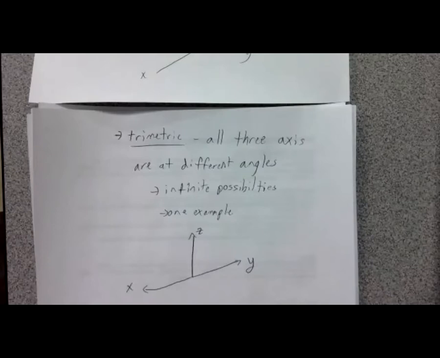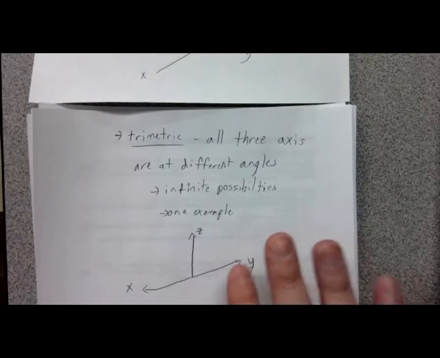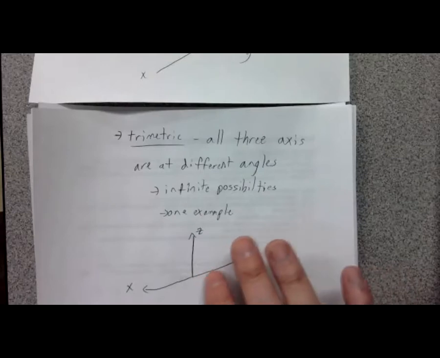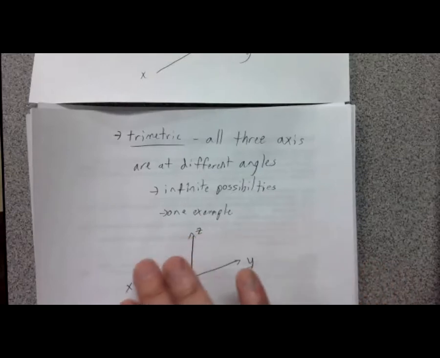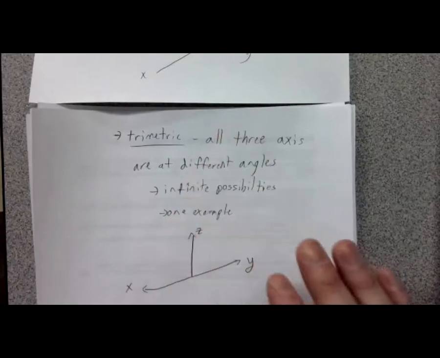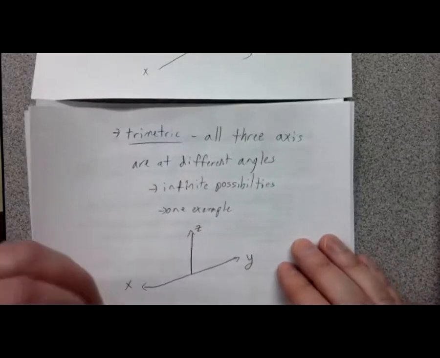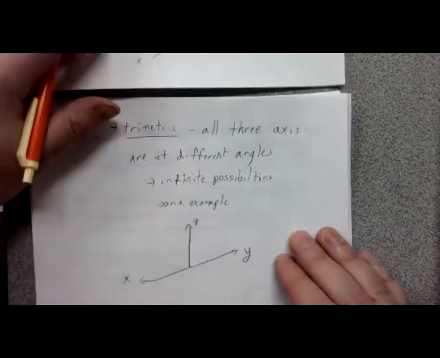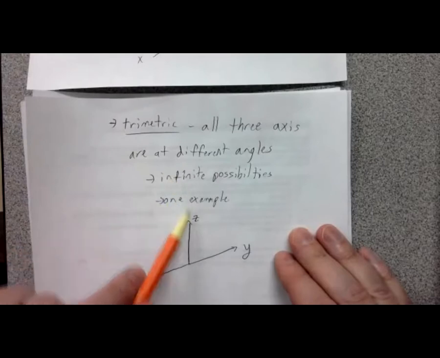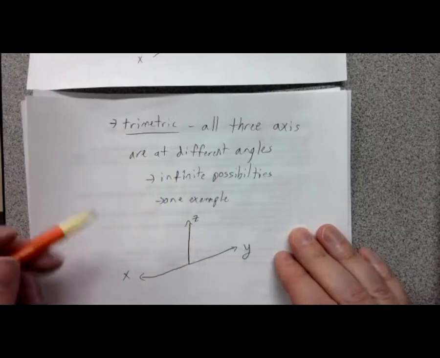There's no way to draw that on a two-dimensional medium. We have to draw at least one of these off at an angle. A trimetric configuration would be, if there's something about the drawing that makes sense to show the y direction this way and the x direction just a little bit off of that, and then the z being the vertical. That's a bit extreme, but there's infinite ways you can draw it so long as the angle between all three axes is different.